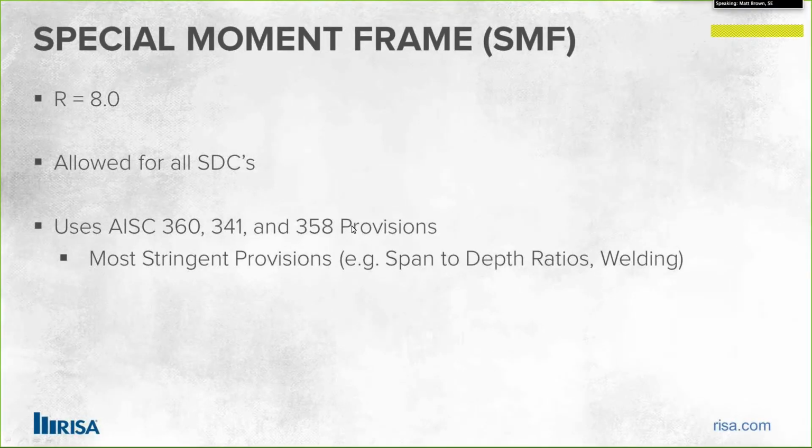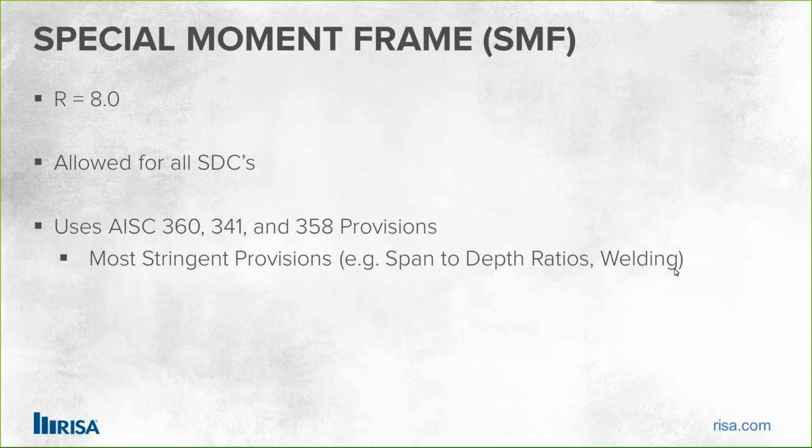And for any sort of high seismic situation, especially if you're getting into seismic design categories E and F, you're probably going to end up in this special moment frame. Now, you do get an excellent bonus from the special moment frame in that your R is 8, so your seismic forces are greatly reduced. However, you have very stringent provisions in the AISC 358 that have to be met relating to things like welding, for example, in order to achieve this special moment frame.